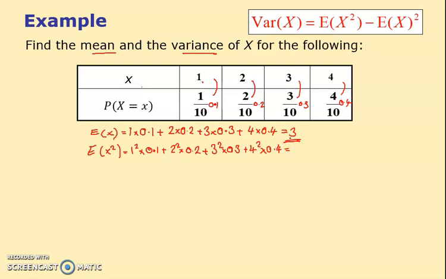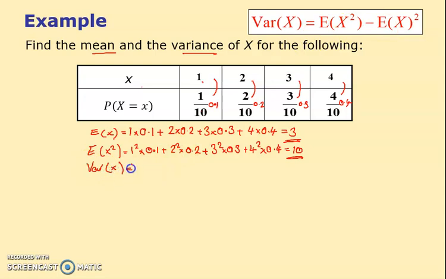Well, 1 squared times 0.1 I know is 0.1, plus 4 times 0.2, plus 9 times 0.3, plus 16 times 0.4. Again, no idea what that is. It says 10. Again, I didn't expect a whole number, but I've got a whole number. You won't always get whole numbers. Now, using this formula then, I can now calculate Var x.